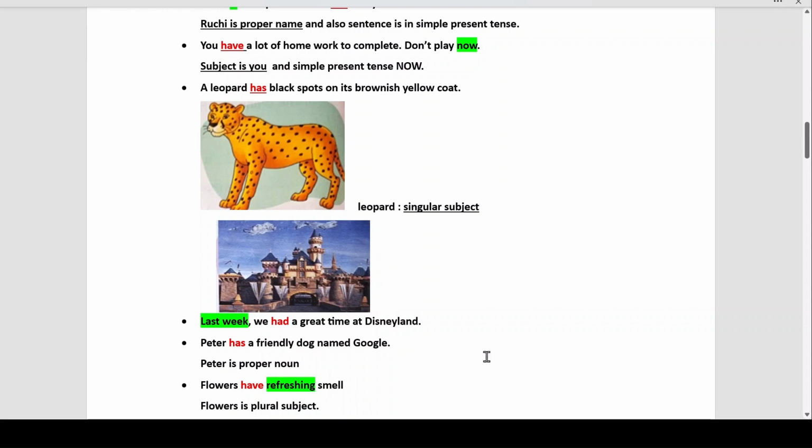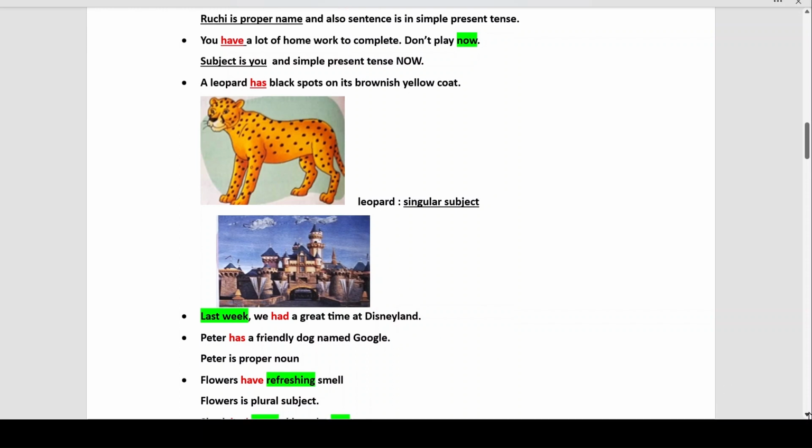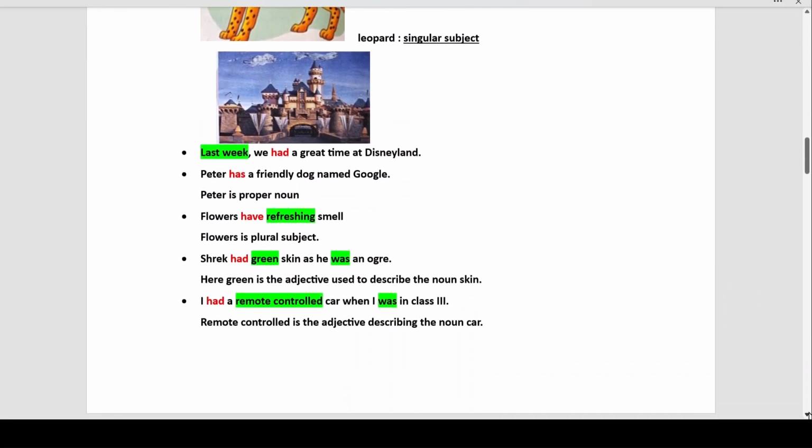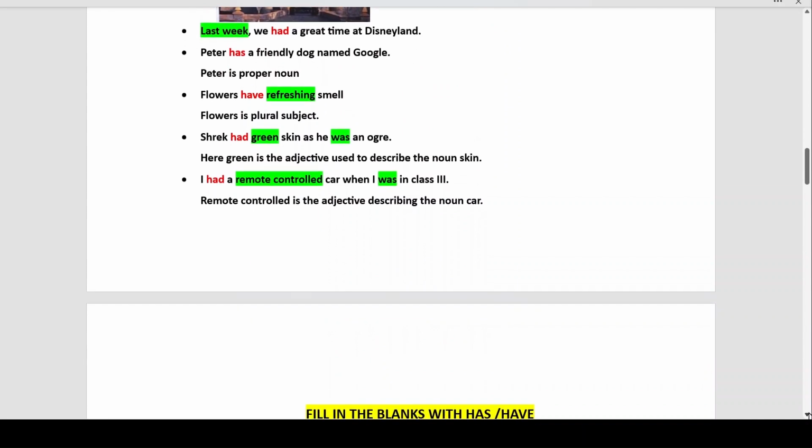Next, last week we dash a great time at Disneyland. Now, the very words last week indicate that it was in the past, and we is your plural subject, so we use had. Peter dash a friendly dog named Google. Peter is your proper noun, and therefore it is followed by has.